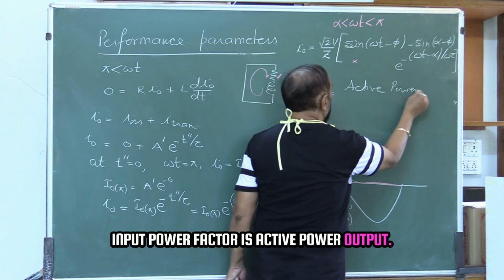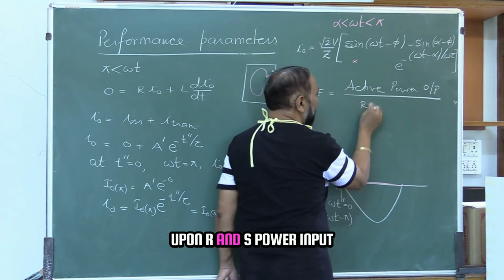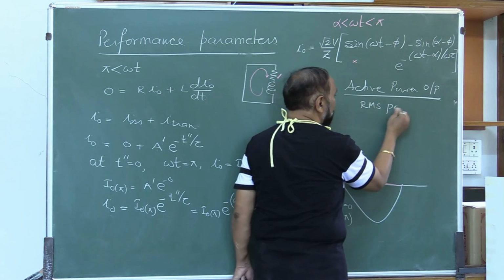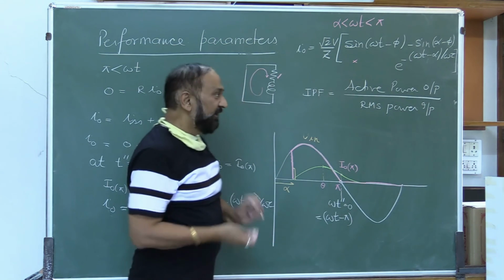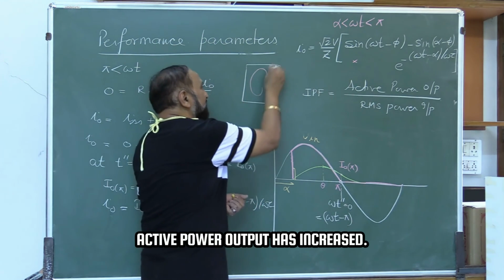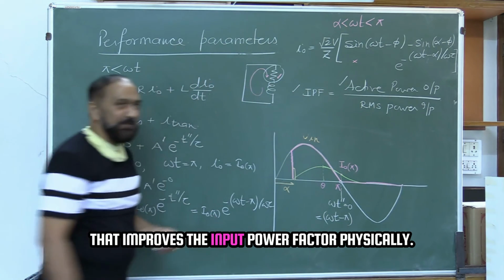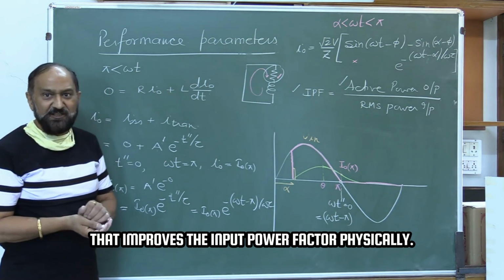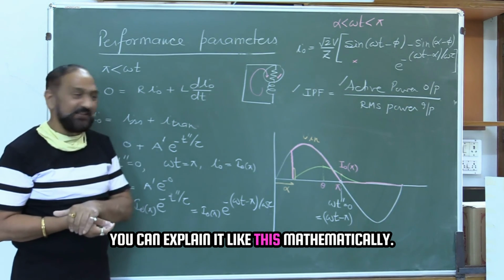active power output upon RMS power input. Active power output has increased, that improves the input power factor. Physically you can explain it like this.